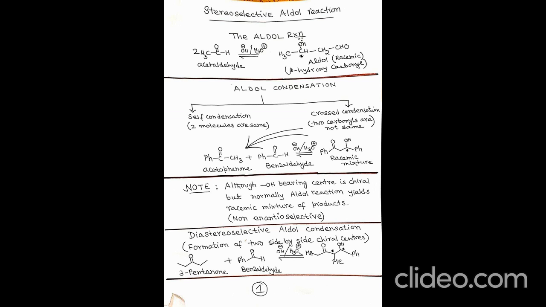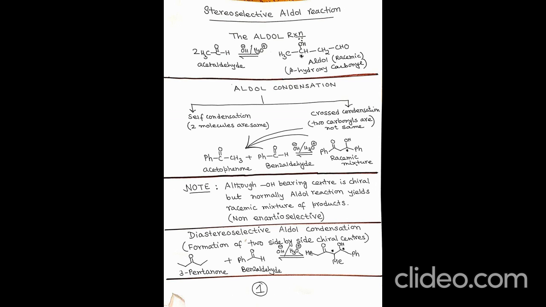Now, coming to the other varieties of the crossed aldol condensation, if we select the two components carefully, then there is a chance that the product may contain two chiral centers on side by side carbon atoms.